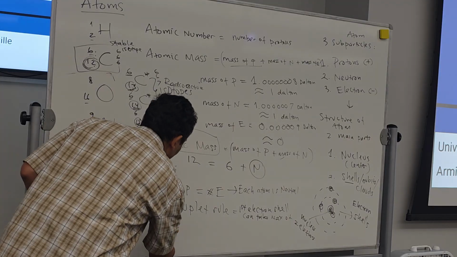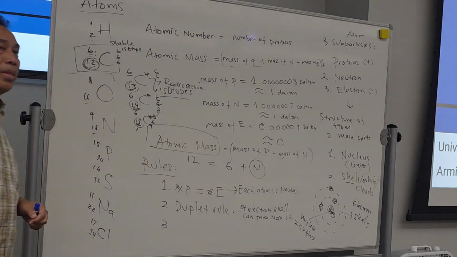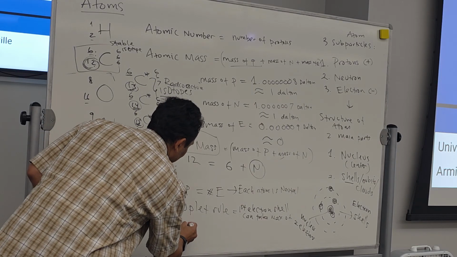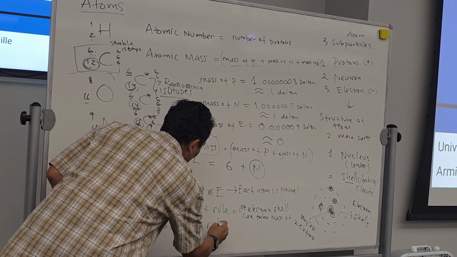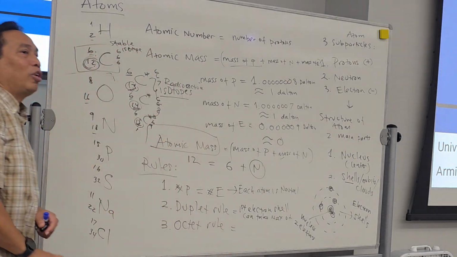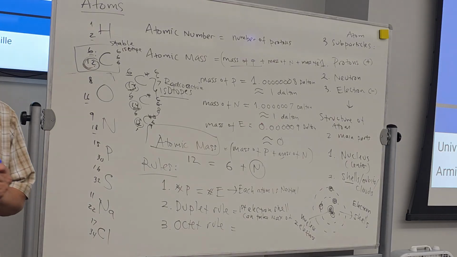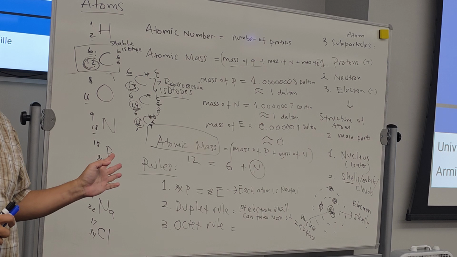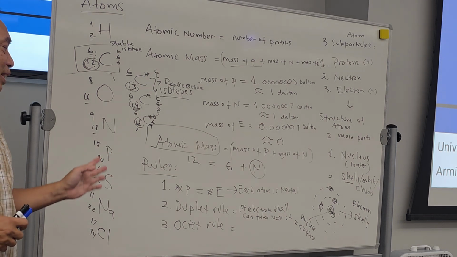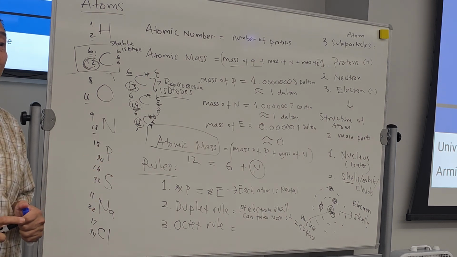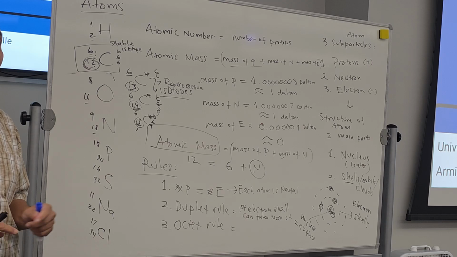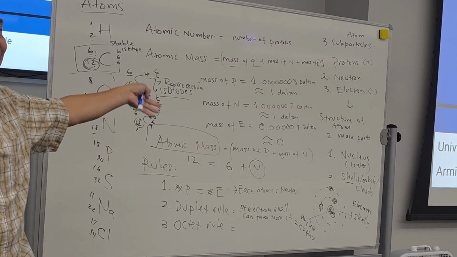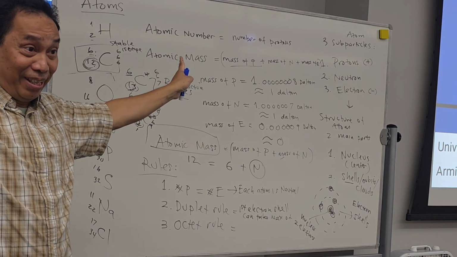The third rule over here is called the octet rule. If you know this rule, then you will be able to draw the structure of an atom easily. What does octet mean? Octopus. What is an octopus? 8. It has 8 legs or arms. Octet means 8.